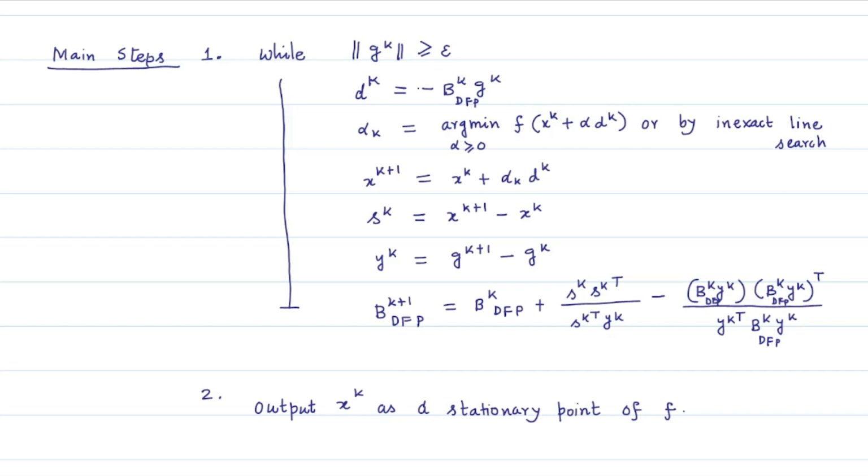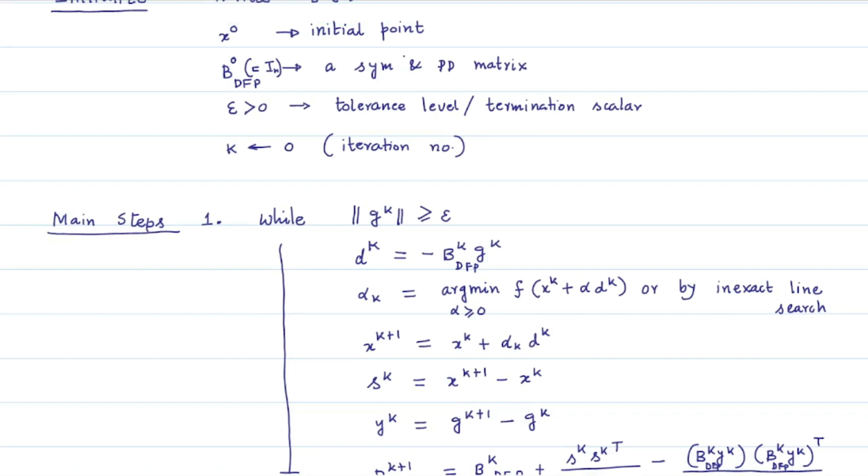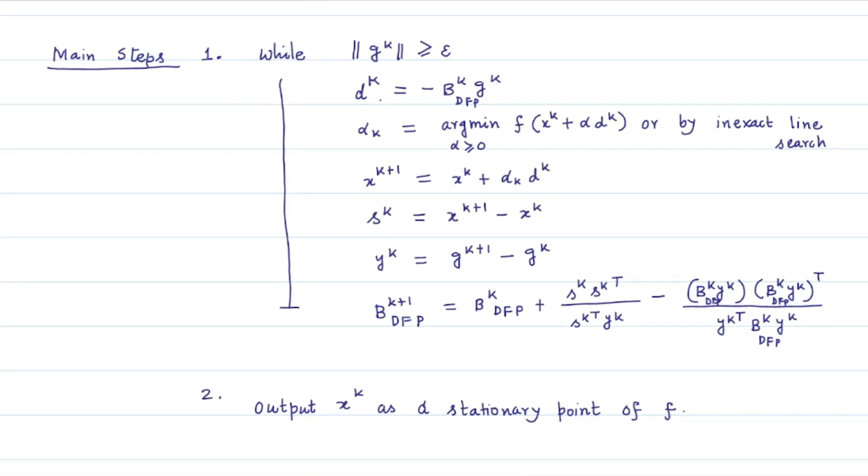But what is the certainty that this BkDFP across the iterations will be positive definite? Yes, there is a certainty that if we start with this B0DFP, a symmetric positive definite matrix, then we can certainly see that this Bk+1DFP expression is a symmetric matrix, and we can prove that this is a positive definite matrix provided the curvature condition sk transpose yk greater than 0 is satisfied.